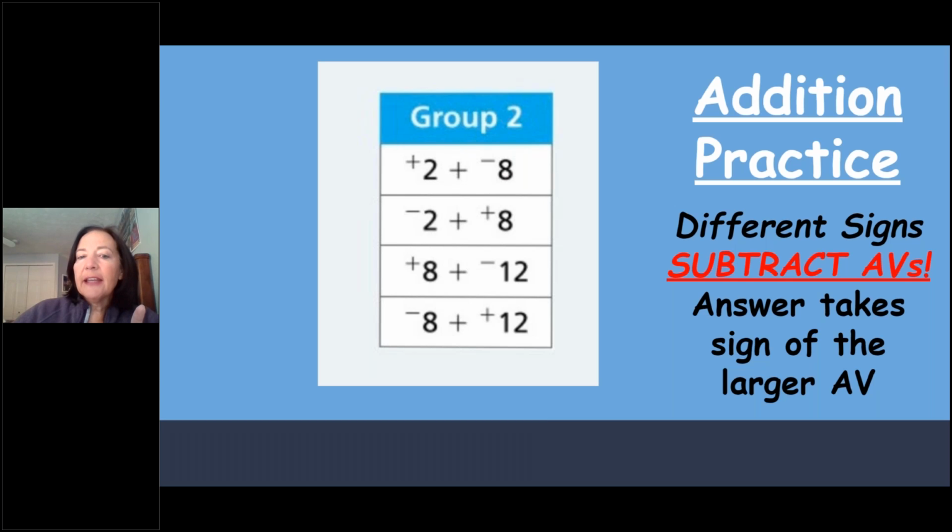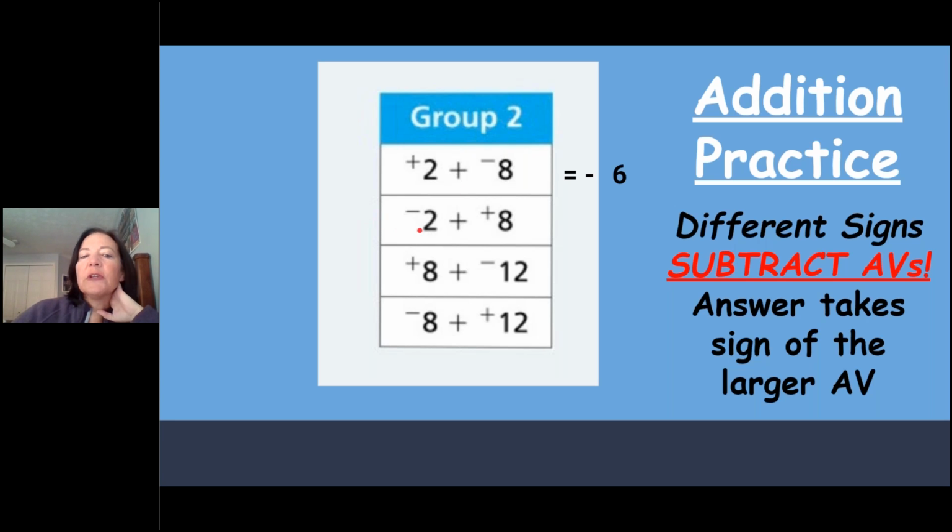Okay, it's going to be a negative. Okay, now we have to do the next step. We have to subtract those absolute values. It's an addition problem, but we're actually going to subtract the 8 and the 2. A negative 6. Negative 6 is it. Perfect.